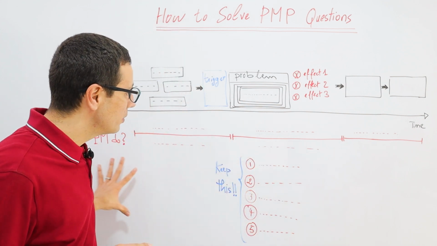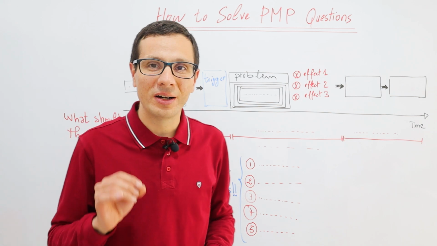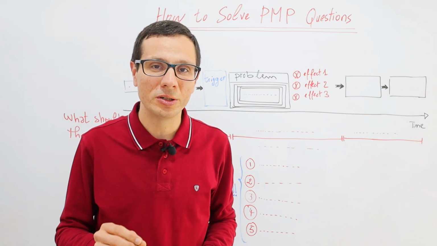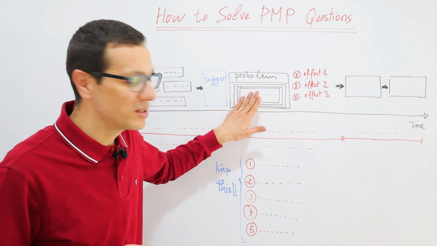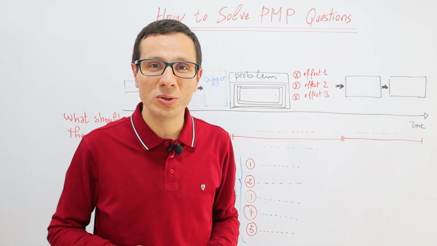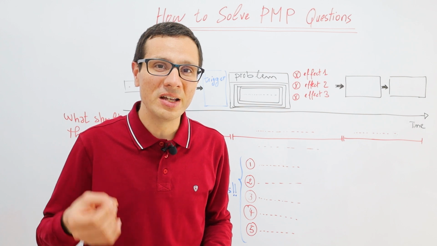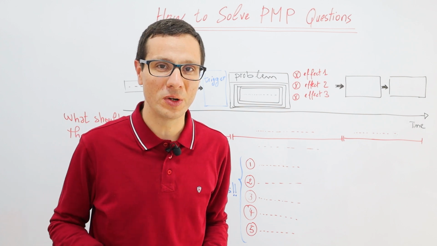And here I'm going to explain what are the different steps that the project manager should do in order to resolve this problem. Watch this video till the end. It's going to help you resolve so many PMP questions.